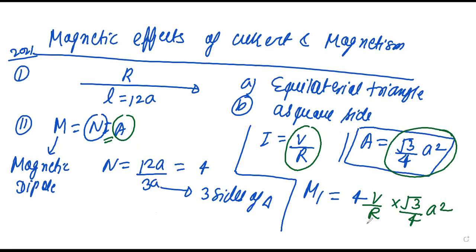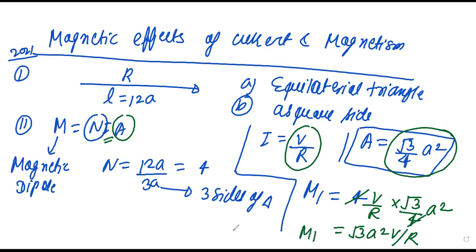So its answer will be how much? After arrangement, this 4 and this 4 will cancel out. So it will be root 3 A square V upon R. So this is your magnetic dipole moment M1.